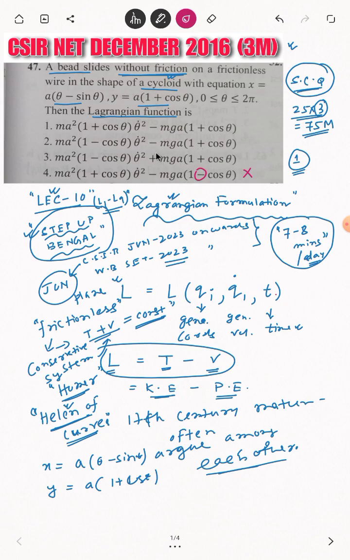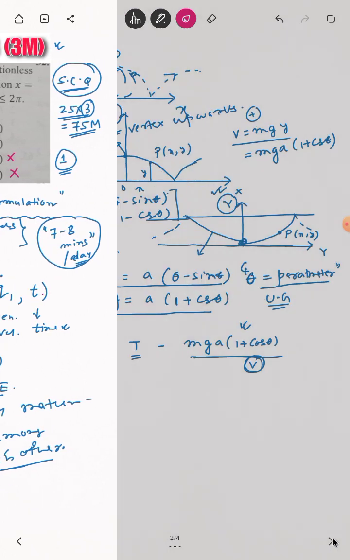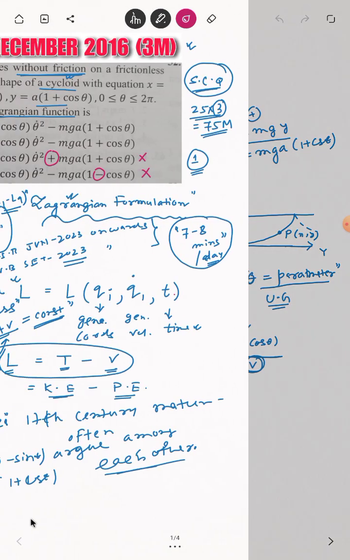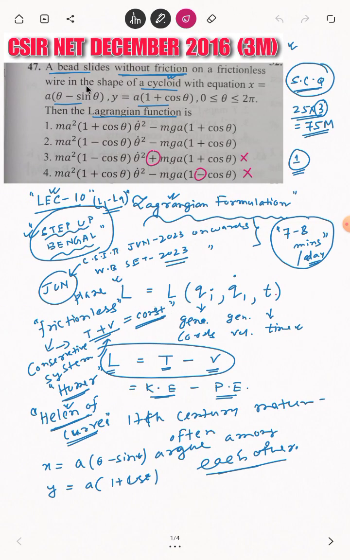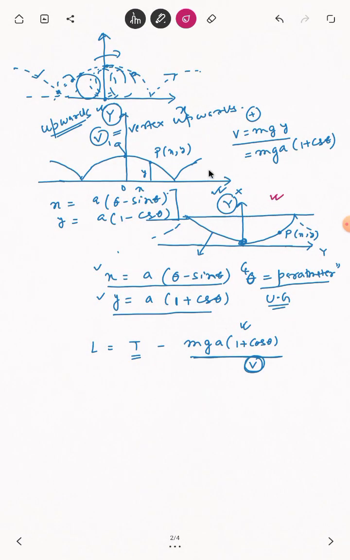Also the plus sign mga option is eliminated, because look at the beauty here: they have given the curve but not mentioned whether the y-axis is vertically upwards or downwards. That is the important point. But if we go to the chapter curve tracing, or well-known properties of curves, in the UG syllabus of maths, we can easily see that the y-axis is conventionally taken in the positive direction.